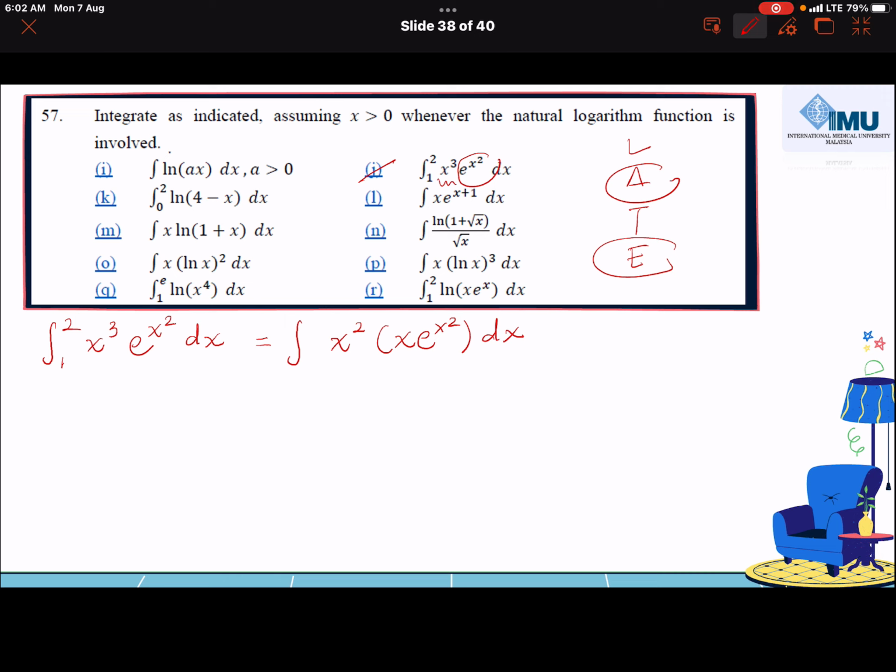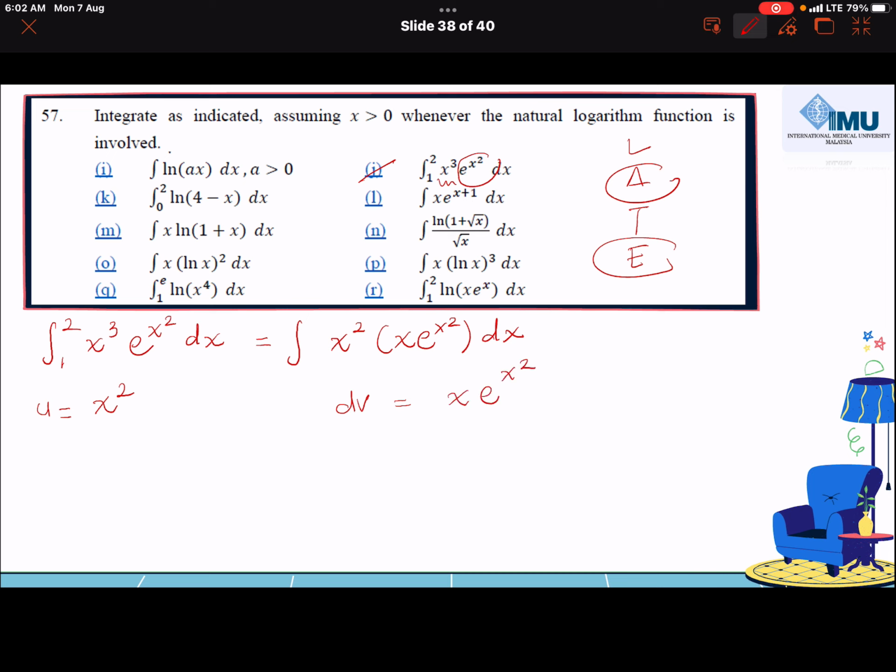If you notice, I do not make any changes. I just separate the x cubed into two terms. X squared times x still will produce x cubed. Why do I do so? Now I can choose my u and dv correctly, where my u will be x squared, my dv will be x e to the x squared.